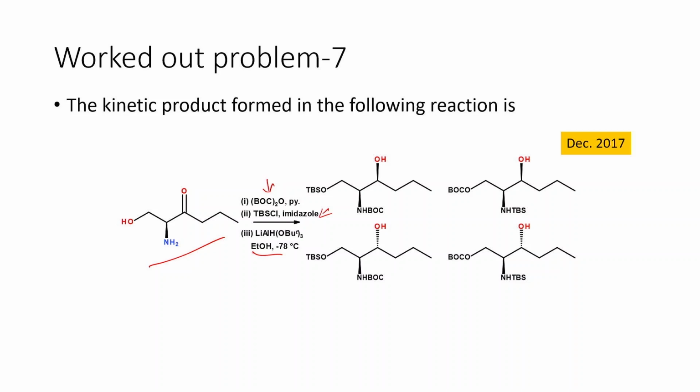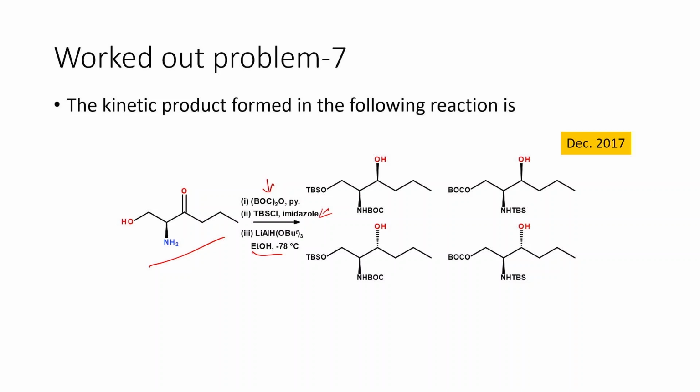And the reducing agent, see, this is not lithium aluminium hydride, which is a very strong reducing agent. Because this is a tert-butoxyhydride, it is a milder reducing agent compared to lithium aluminium hydride, so this may reduce a carbonyl group. These are all the tentative things we can assume.